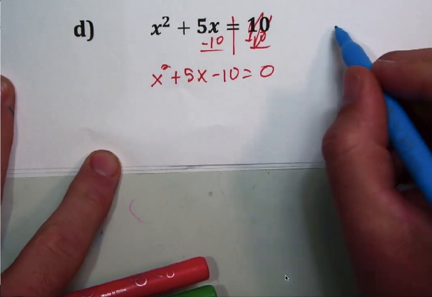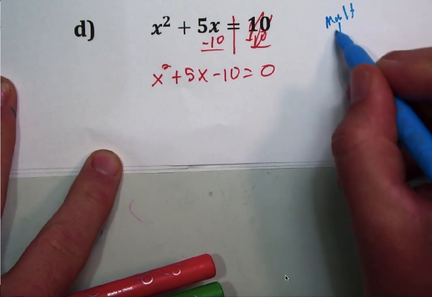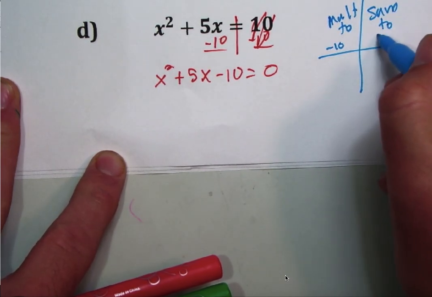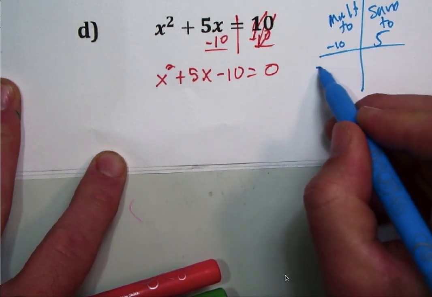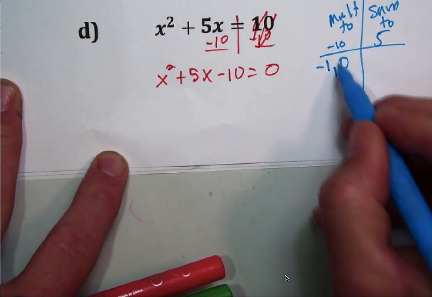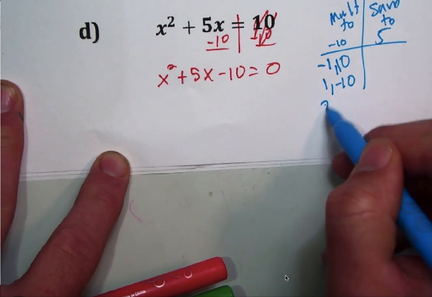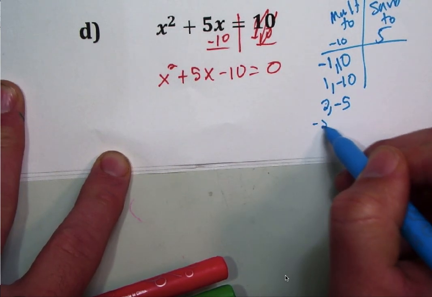So we want things that multiply to negative 10 and sum to 5. Let me list out the pairs for negative 10: negative 1 times positive 10, positive 1 times negative 10, 2 times negative 5, and negative 2 times 5.